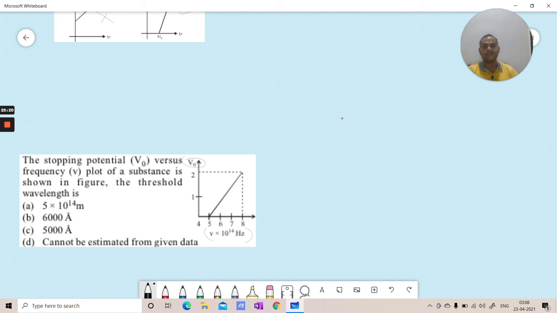So what it says is that till some frequency there will be no requirement of V0. That means there is some energy which will be required by the metal as work function, and only then will we need stopping potential to stop the electron from going to the anode part.